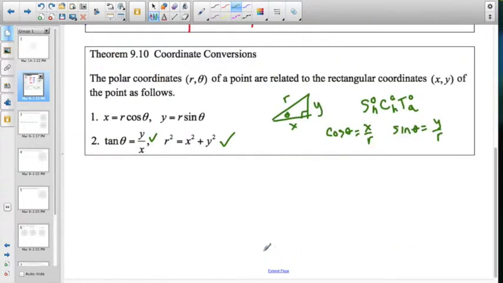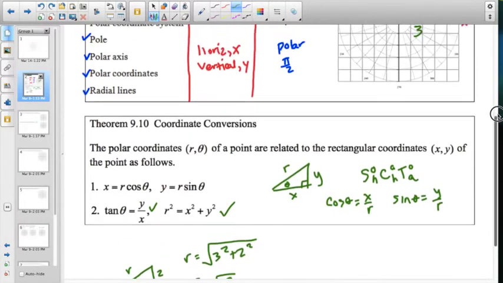So in that case right there, if we have 3 and 2 and theta here, our value for our radius would be the square root of 3 squared plus 2 squared. So 9 and 4 is the square root of 13. So the square root of 13 is somewhere between 3 and 4.